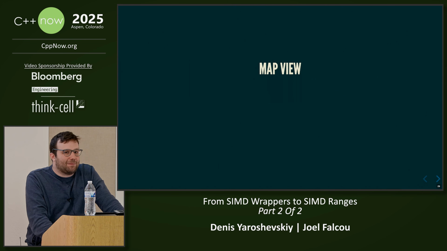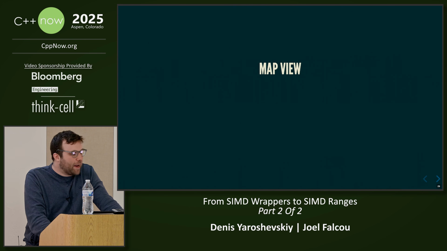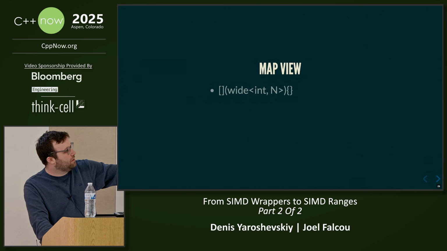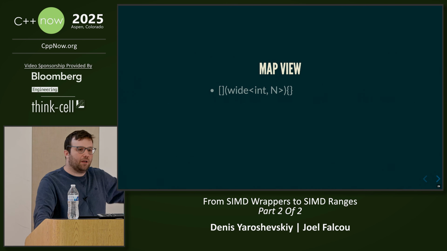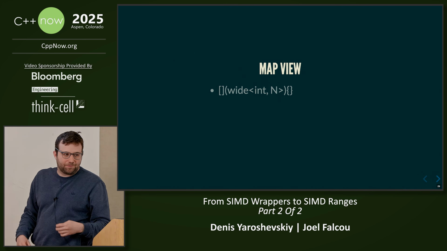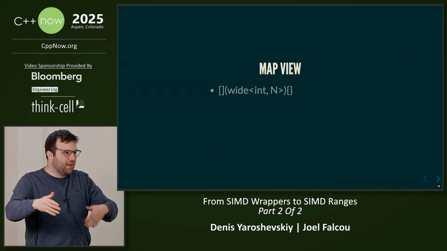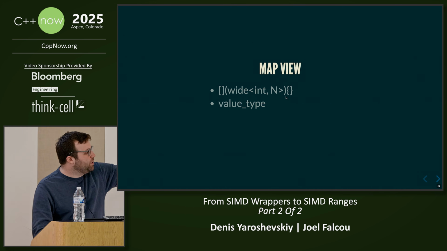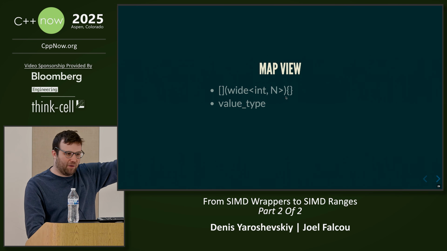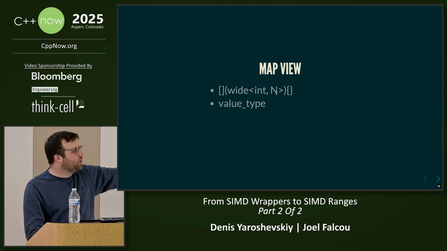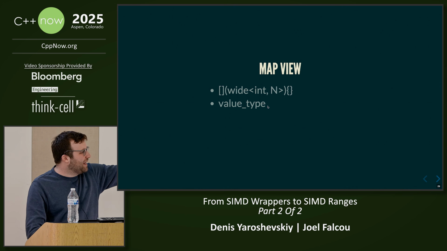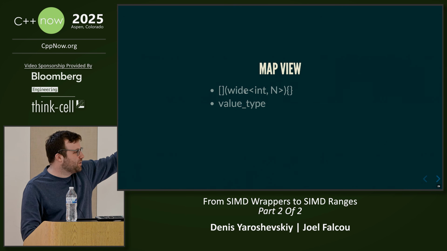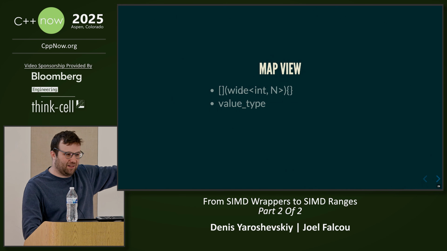Map view exists, but as I mentioned, it's not great. Specifically, this is a problem. Inside the map view, you need to have an operation that returns a new type. In order to compute the value type of my operation, I need to apply the operation. But the value type is involved in how many elements should go into the register.